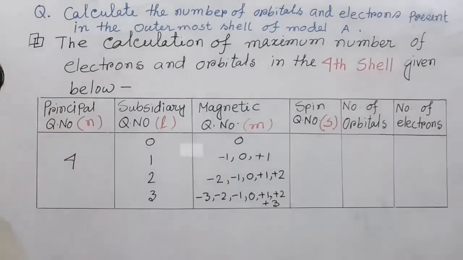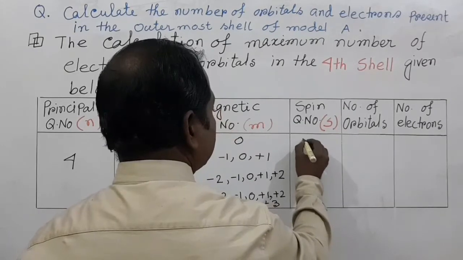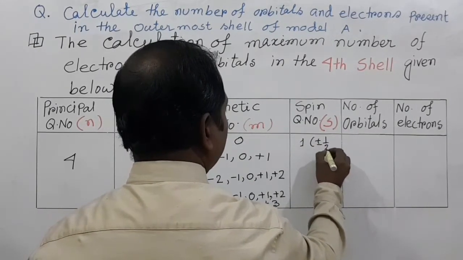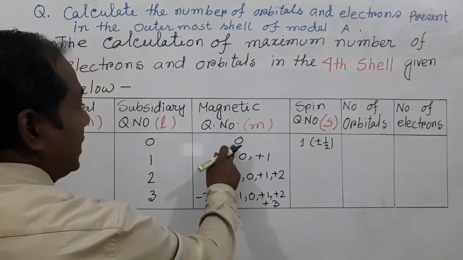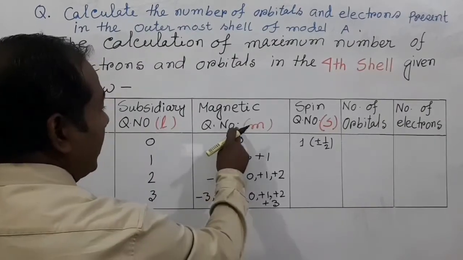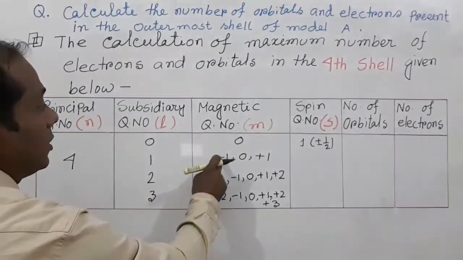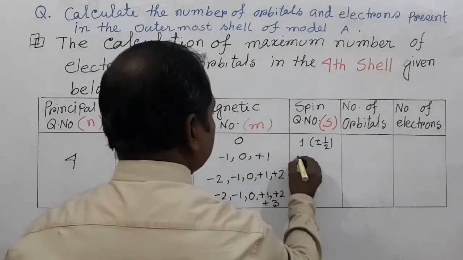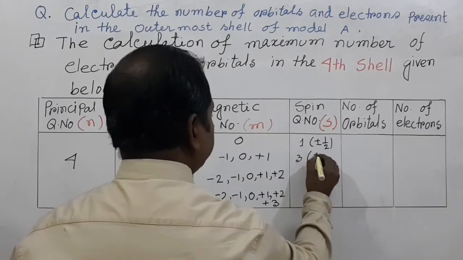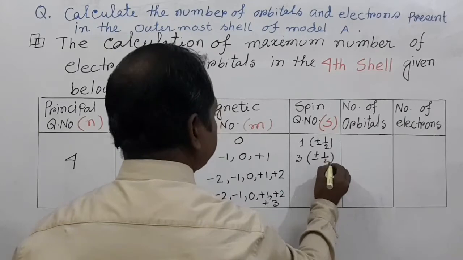So, we get spin quantum number 1 into plus minus half for M equal to 0. For L equal to 1, we get 3 values of M, so the spin quantum number is 3 into plus minus half.